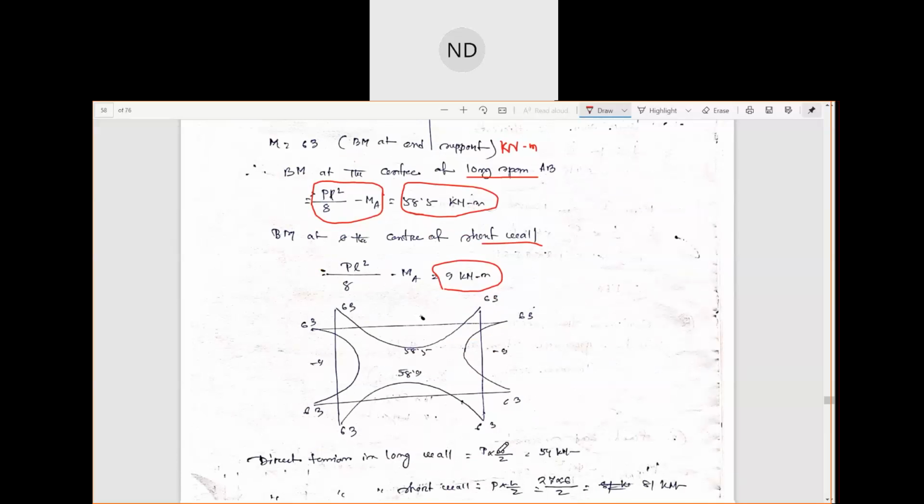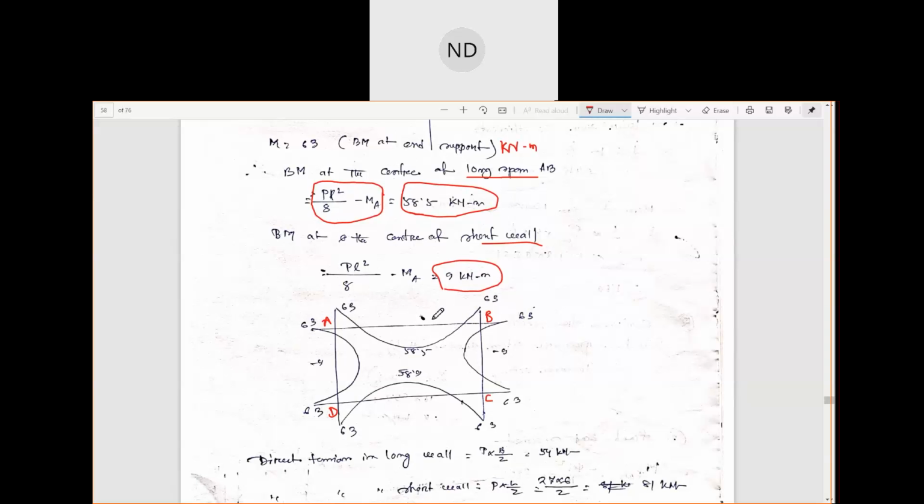This is your figure with the supports, this is point A, this is B, this is C here, and this is D. Support moments are given here, 63, 63.